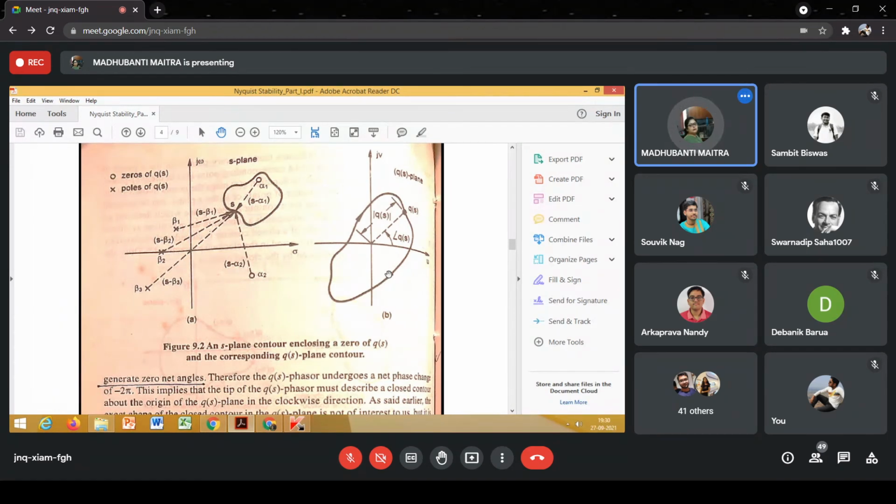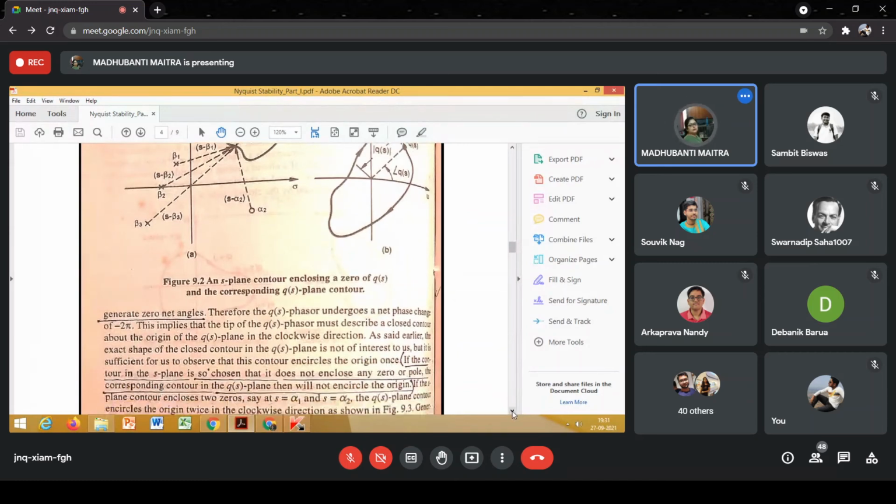As delta angle Q(S) is now plus 2 pi, right?